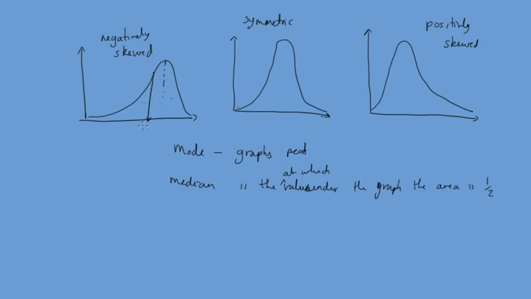So this value here would be the median. And likewise on this one, this here is the mode, this peak value, and here would be the median, roughly. And for the symmetric graph, the mode and the median are at the same value.